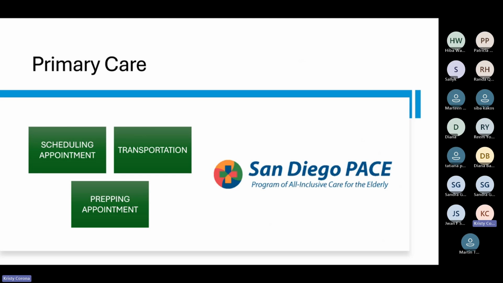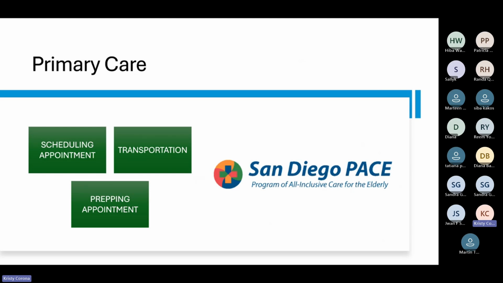So for instance, in primary care, the care coordination or the communication might be about scheduling an appointment. Maybe they're unsure how to schedule an appointment. Maybe we've scheduled an appointment and they are being referred elsewhere, but there's communication about those appointments. Also transportation.